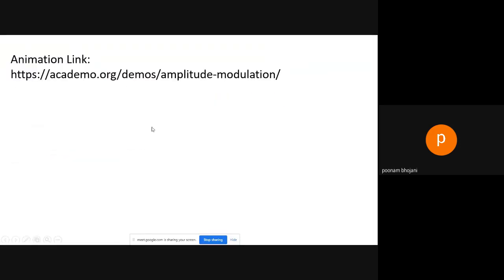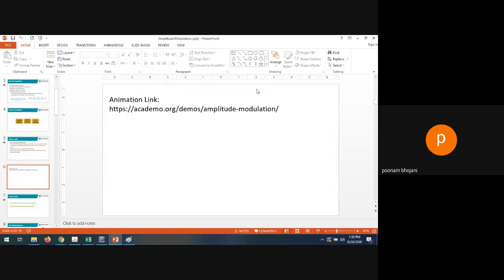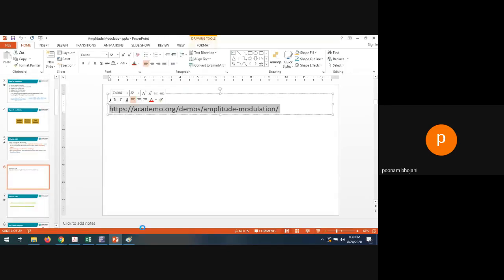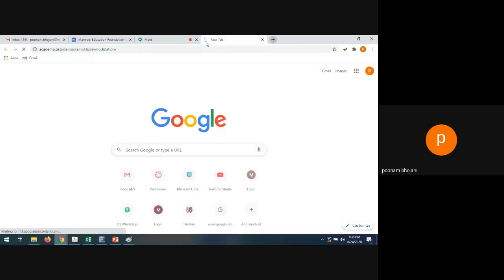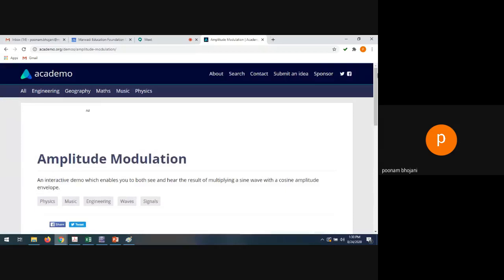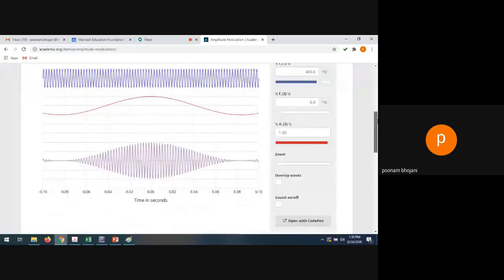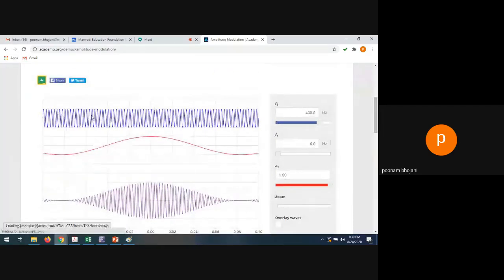Now, as I have shown you the animation for ASK, FSK, PSK, the same animation is done for amplitude modulation also. Let me show you here. We can change the frequency of the modulating signal as well as the carrier signal, and we can see how the amplitude modulated signal will look. First is the carrier signal, second is your message signal.